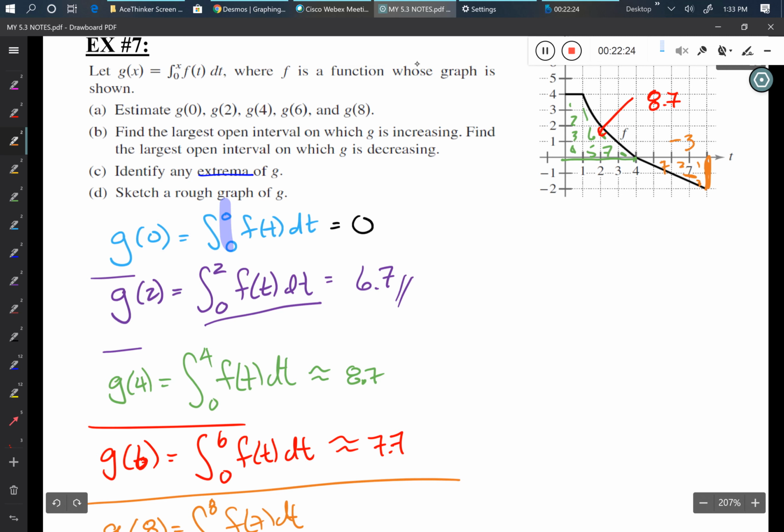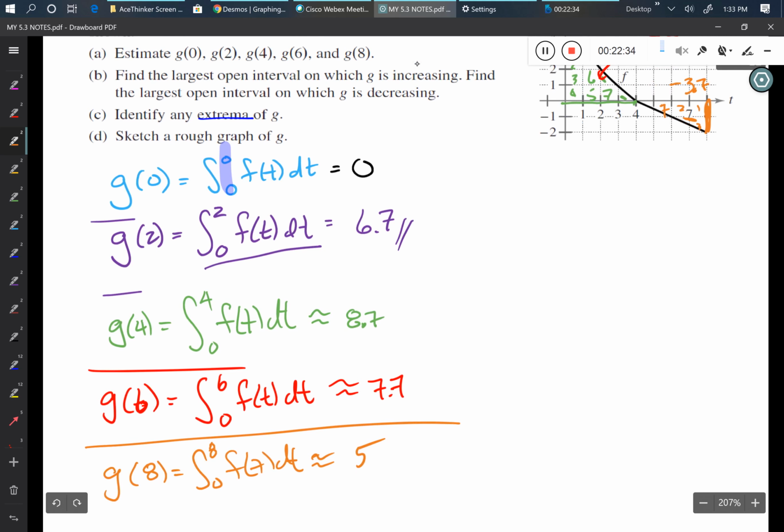So negative 3.7. And what's 8.7 minus 3.7? About 5. Okay. So all of that was part A of the problem. Very straightforward once I knew what to do. I said, here's a function, go make it happen.